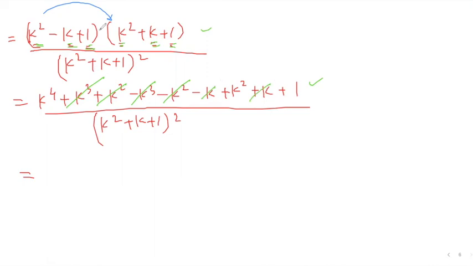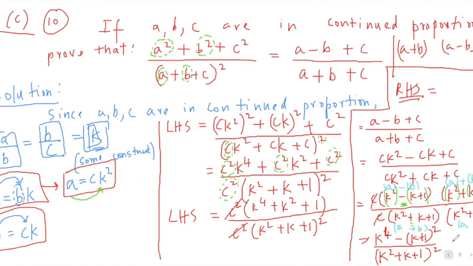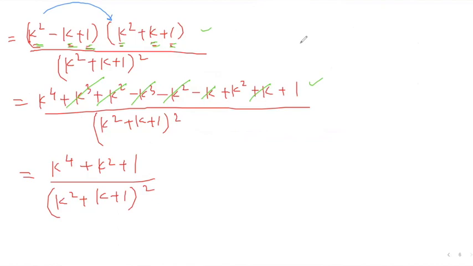So we are just left with k4 plus k squared plus 1 by k squared plus k plus 1 squared. And just going back and checking if it's the same as our LHS. The LHS was k4 plus k squared plus 1 by k squared plus k plus 1 the whole squared. Yeah, this is the same as well.